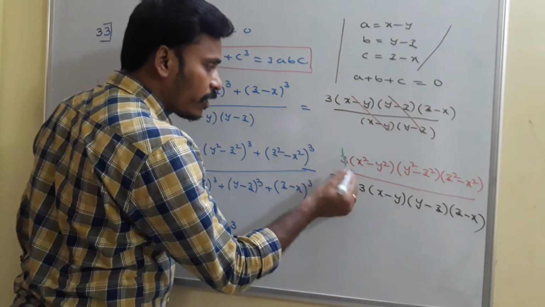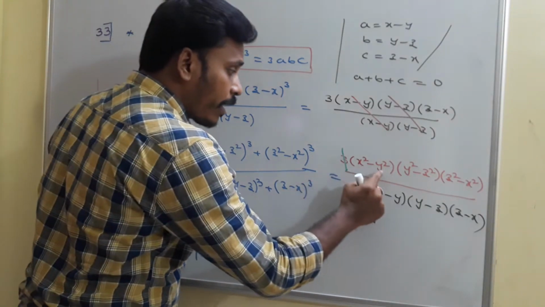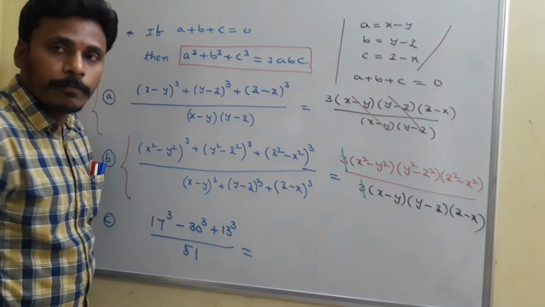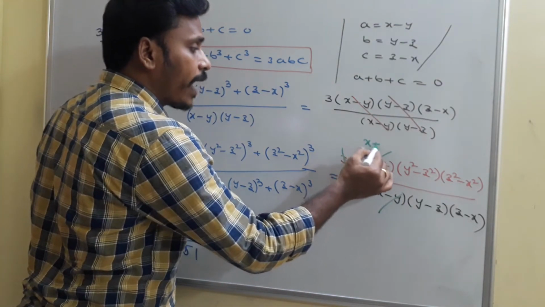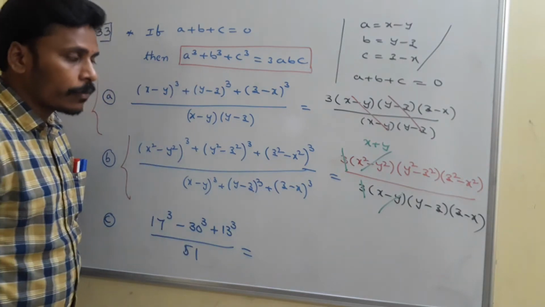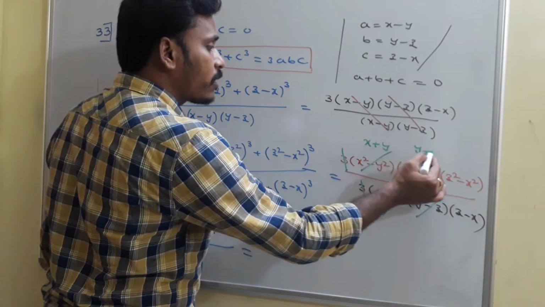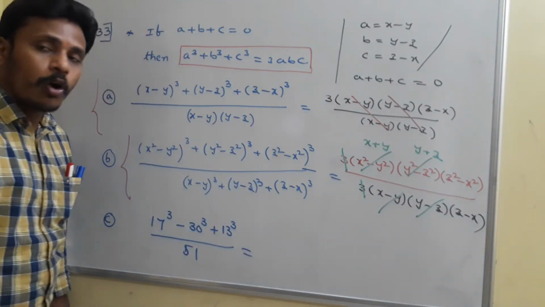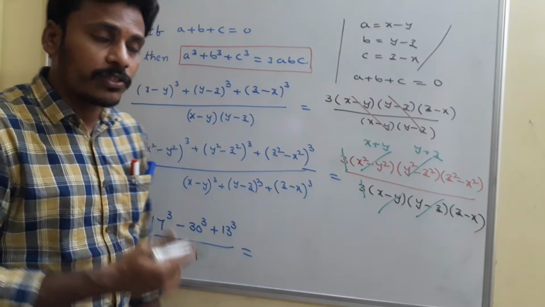Here 3 and 3 get cancelled, and now x square minus y square by x minus y: x minus y, for x plus y times, cancels x square minus y square. And y minus z, for y plus z times, cancels y square minus z square, because we know that y minus z into y plus z is y square minus z square.